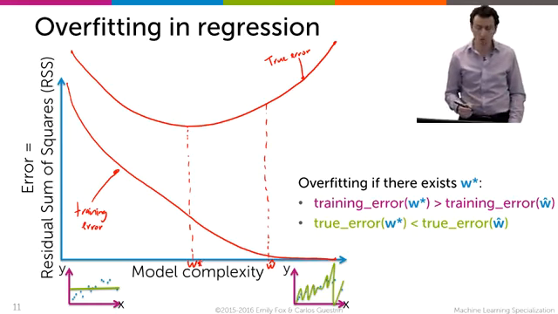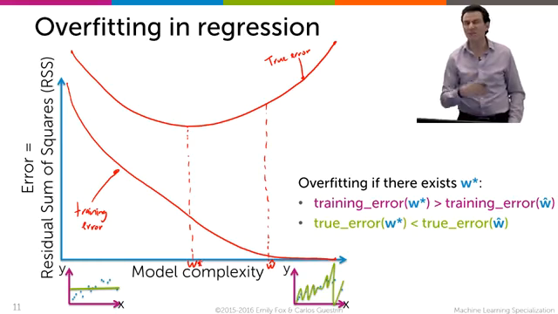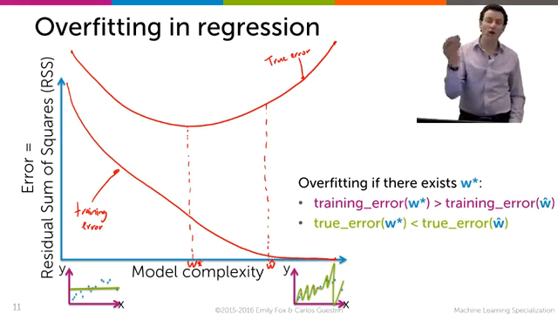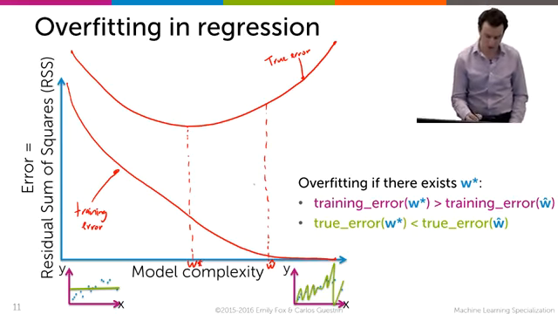And so we want to try to avoid picking these highly performant models on the training data that don't do well in the real world. So we want to shift from the right here to the left to avoid overfitting.